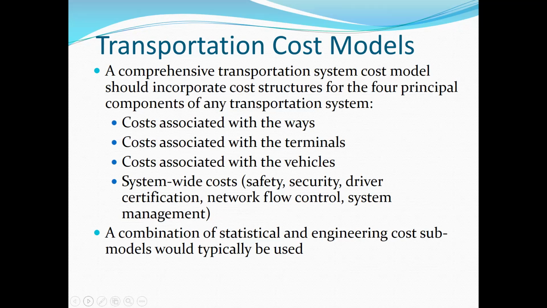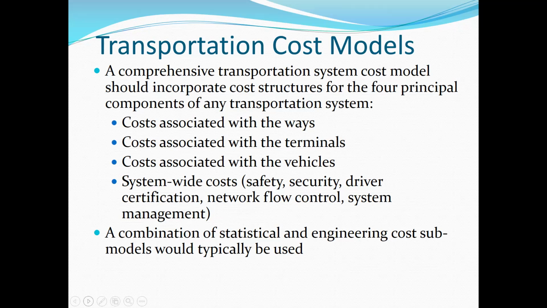And sometimes, you might not be able to rely only on engineering models or only on statistical models. For ways, you might have to rely on a statistical model, but then for safety, you might have to rely on more engineering models, for example. So you might have to do different sub-models of cost for ways, for terminals, for vehicles, for system-wide cost.